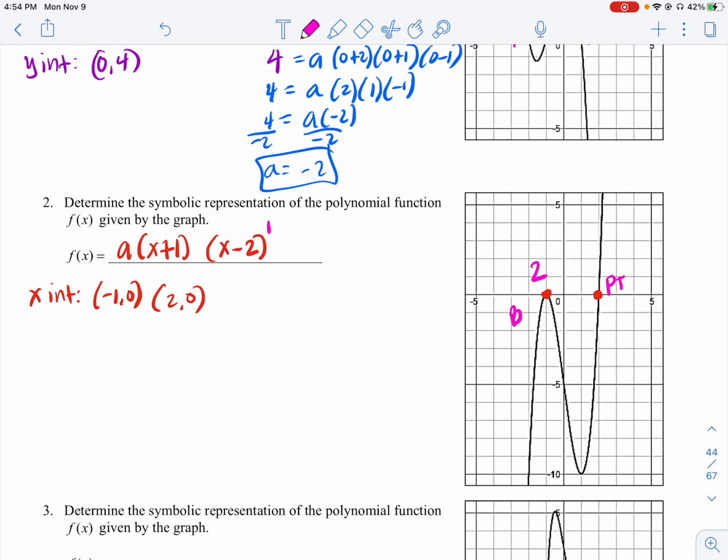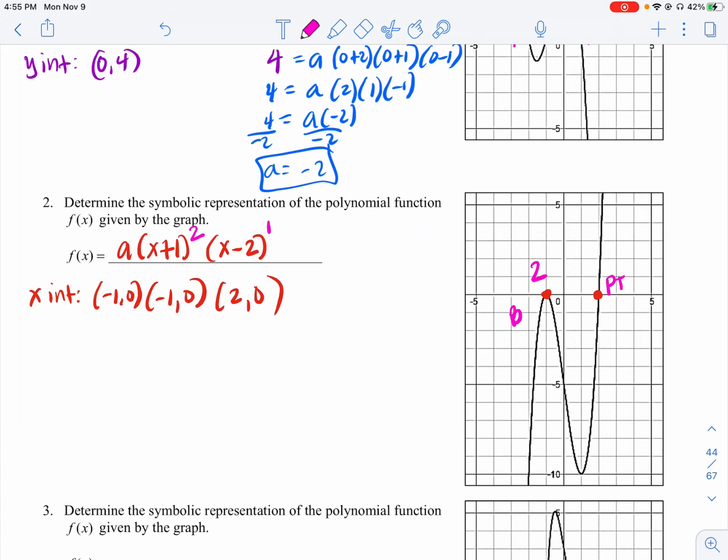And that means we have 2 of the x plus 1. So I am going to delete that. Take a look. That means that you have 2 of the -1, 0. Does that make sense? Okay. And my x plus 1 is being squared right here.